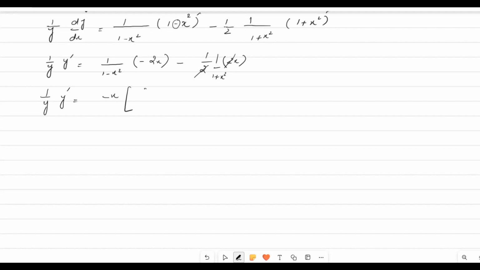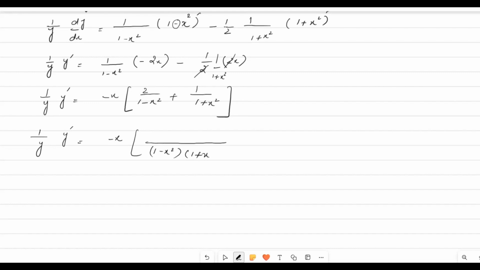The remaining will be 2 by (1 minus x square) plus, as I have taken minus common, 1 by (1 plus x square). 1 by y times y derivative is equal to minus x into, we have to take the LCM here, (1 minus x square) (1 plus x square).